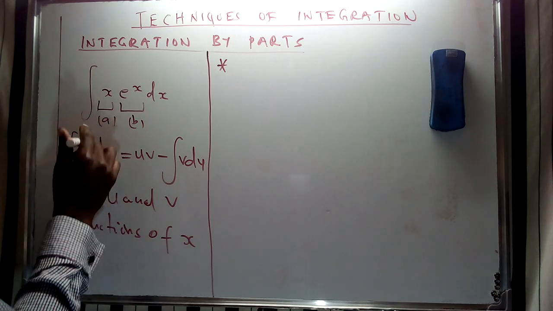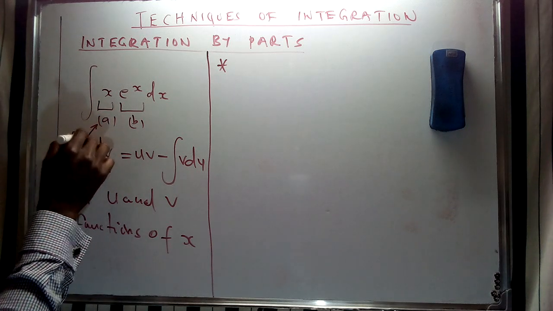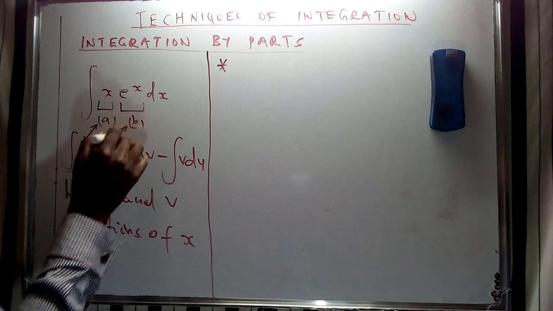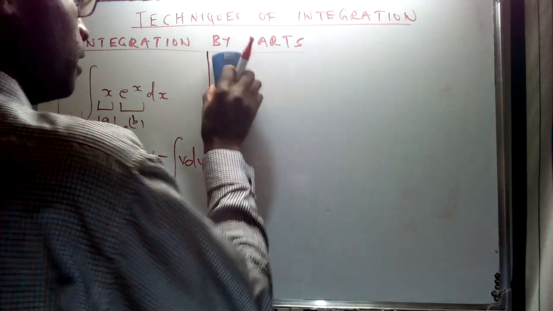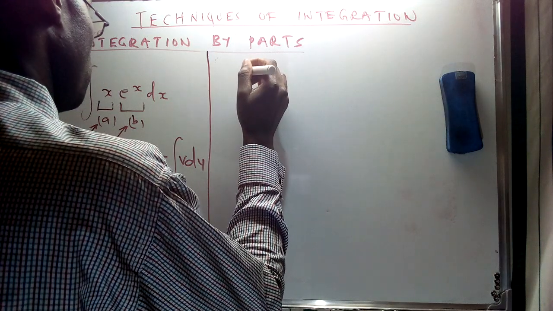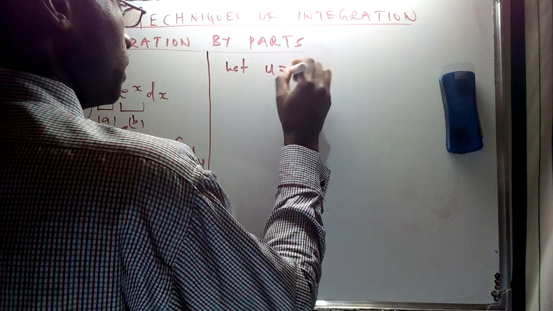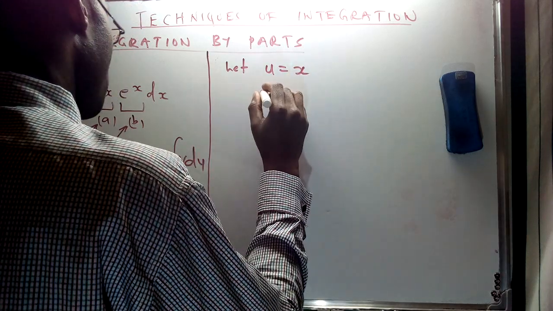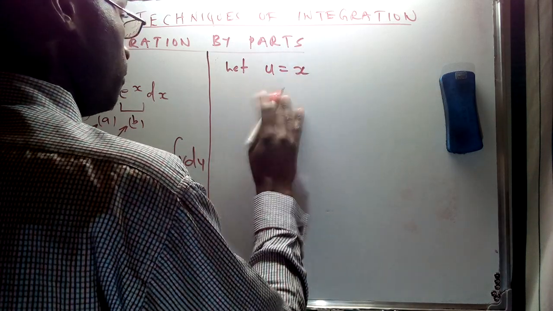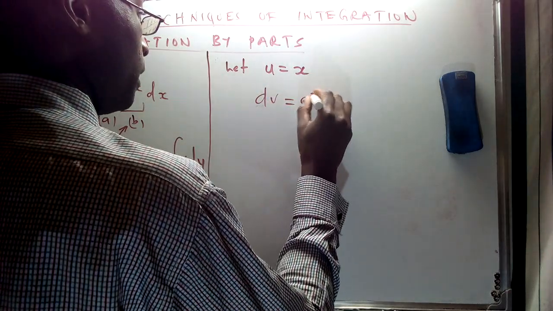Therefore, I assume that x is equivalent to u, and dv is the exponential e to the x. So let u be x, and dv be e to the x.